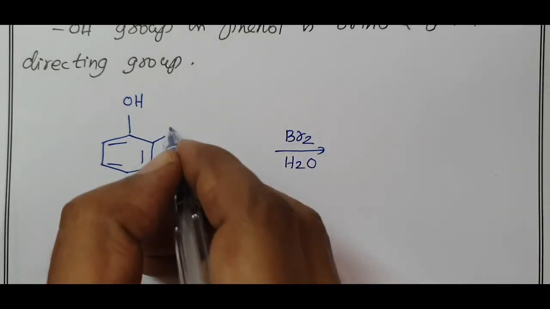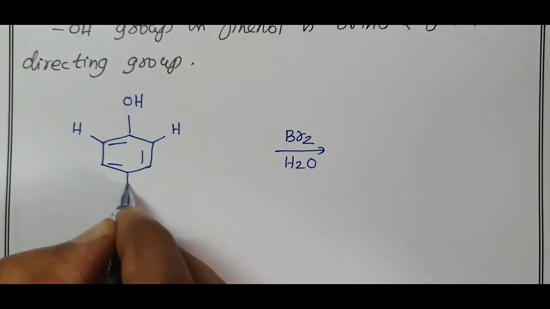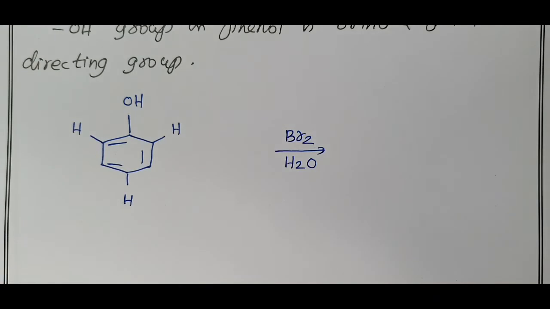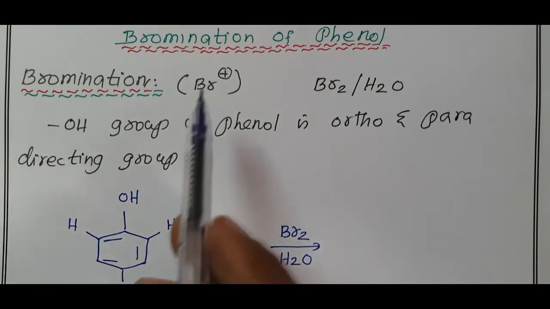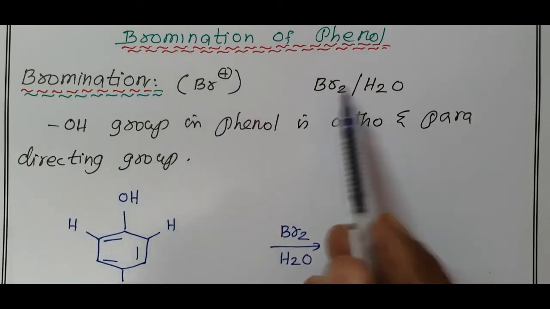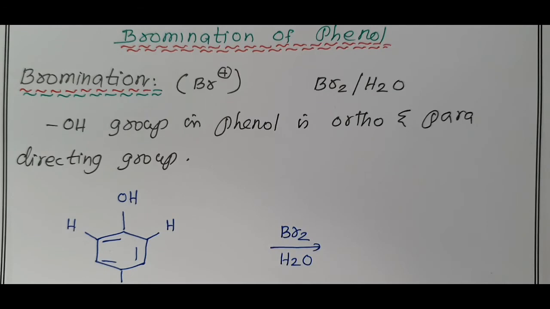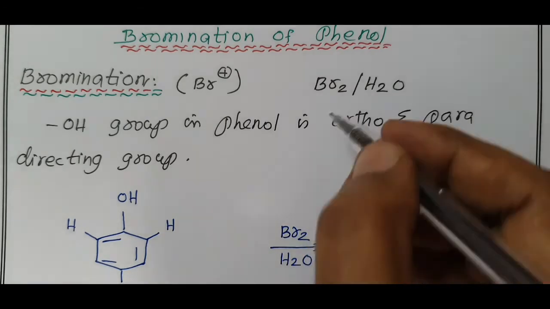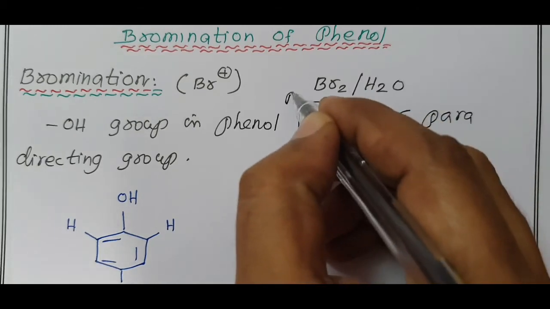This is one ortho hydrogen, another ortho hydrogen, and one para hydrogen. So, in Br2 H2O, you are adding Br plus. The electrophile added is Br plus, which comes from Br2.